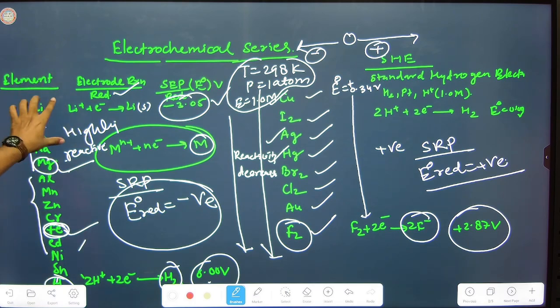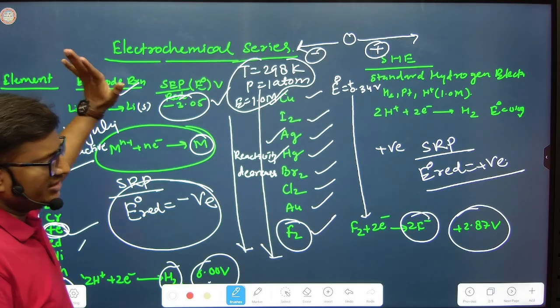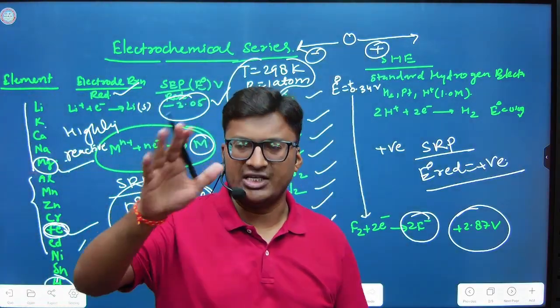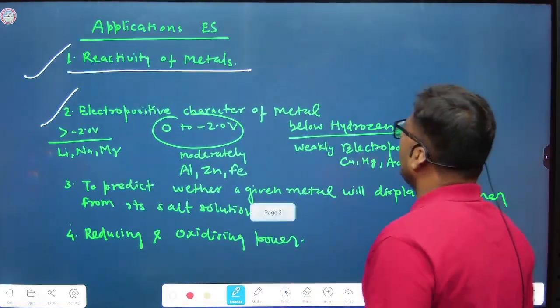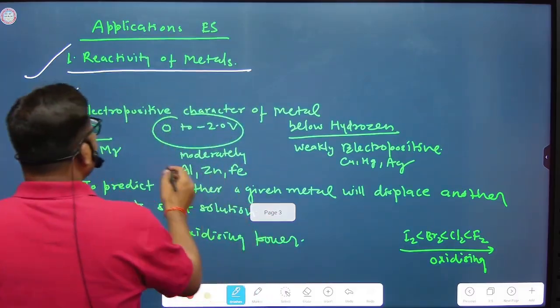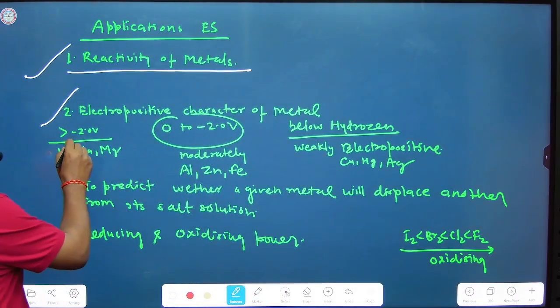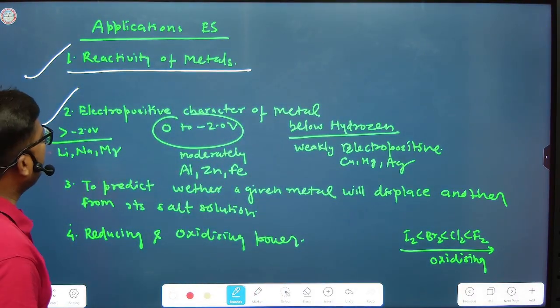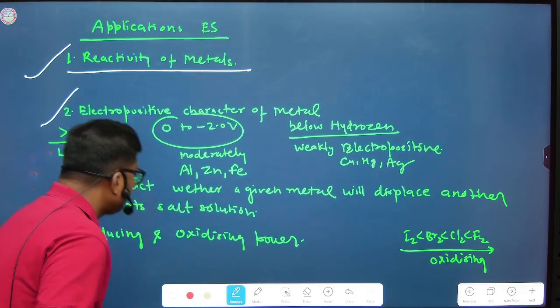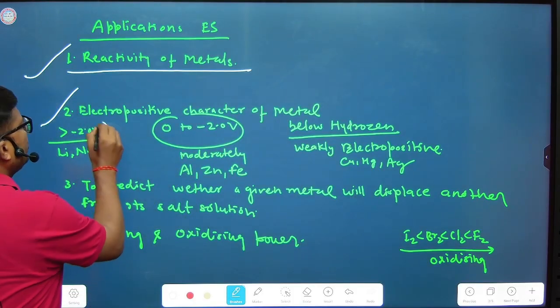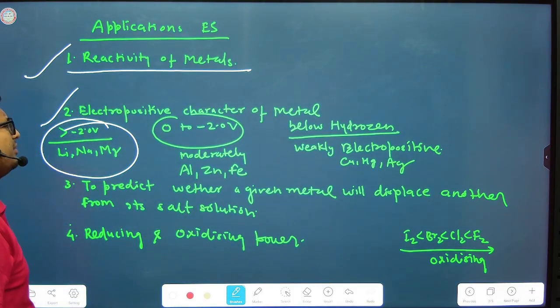So they have a tendency to lose their valence electron, getting back to the oxidized form. Now, this is the range greater than -2 volt, right? Like lithium, -3.0. So these are your strongly electropositive metals.